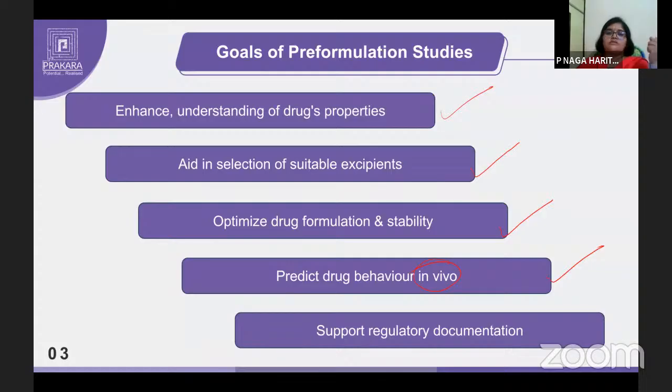Also, to support the regulatory documentation by providing detailed scientific data. Together, all these goals ensure the development of a safe and effective drug. Ultimately we need effectiveness in the patient, and it should also be safe as long as the patient is under that medication.